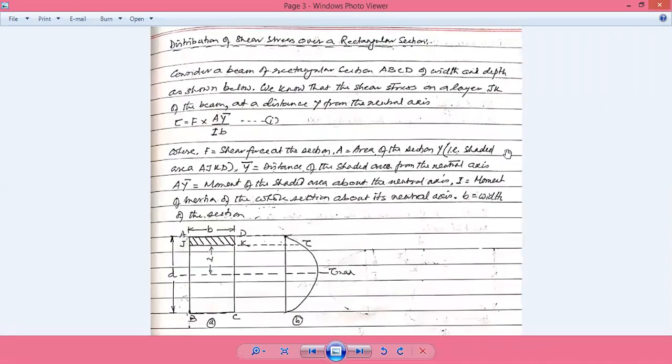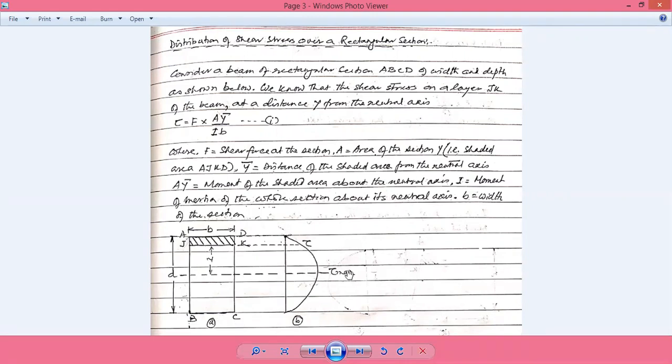Now, let us go through this process: the distribution of shear stress over a rectangular section itself. Consider a rectangular section taken between two sections, AB and CD.